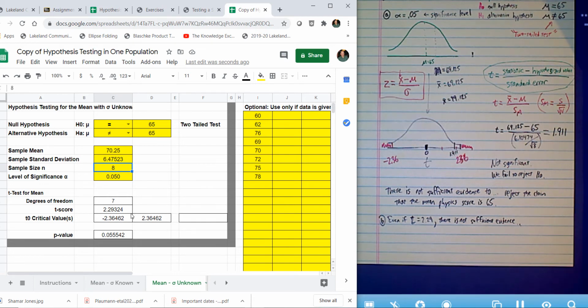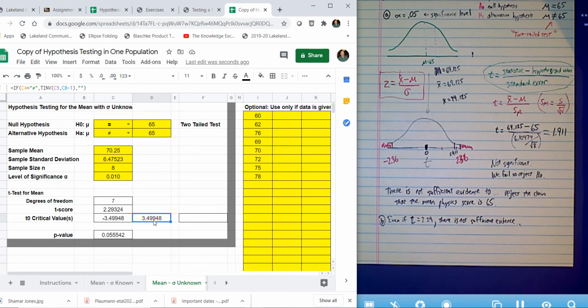We've talked before, and notice they even give you a p-value. The p-value is 0.055. It's a little bit more than 0.05. If your level of significance were different, that could change things too. So if you change this to 0.01 and say, I want a 0.01 level of significance, look where the critical values are now: 3.49.